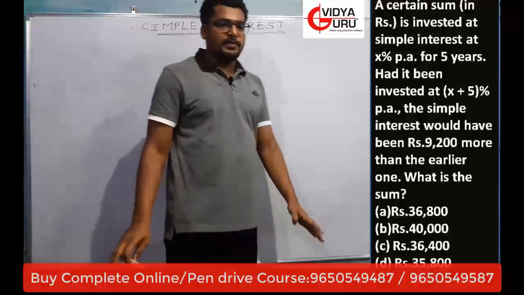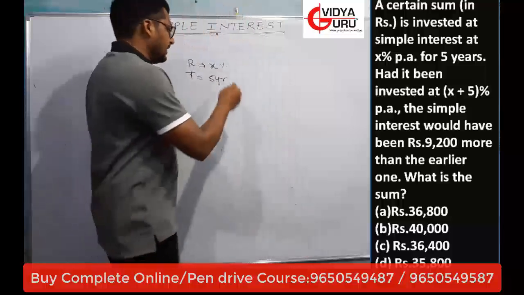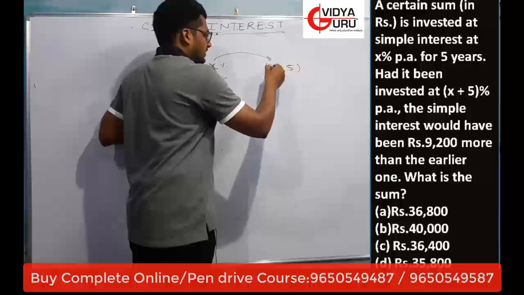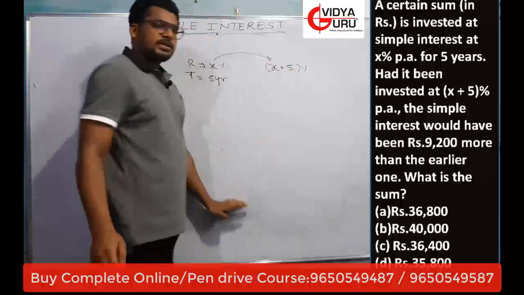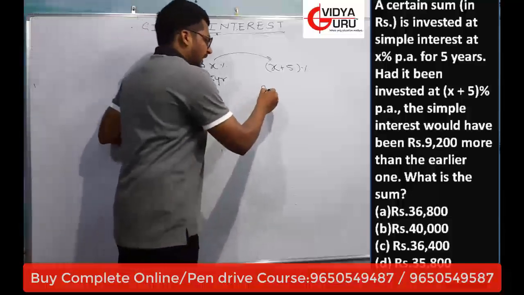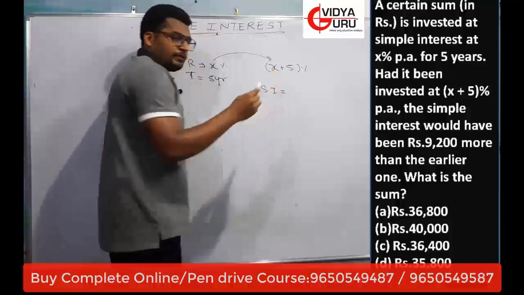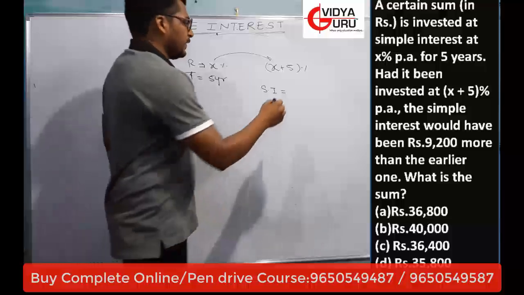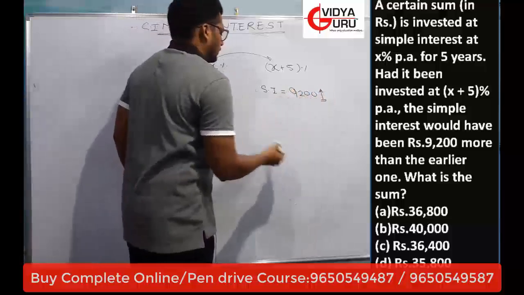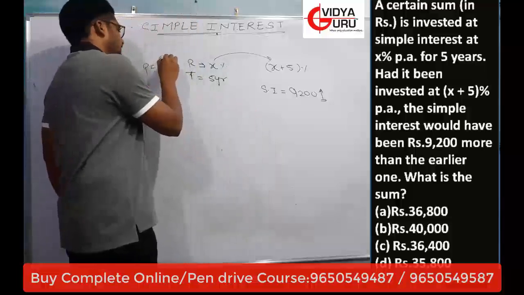Had it been invested at X plus 5%, same as before, the rate increased by 5%, it would have fetched 9200 rupees more. The question is asking what the principal is.